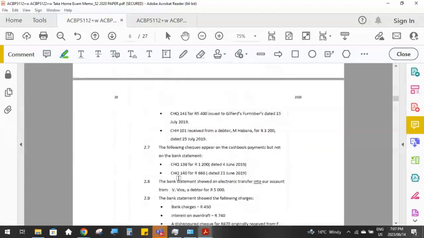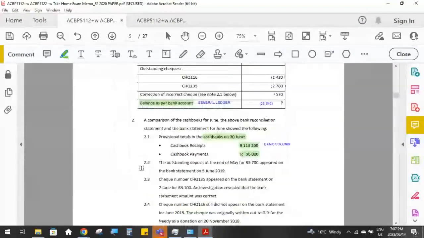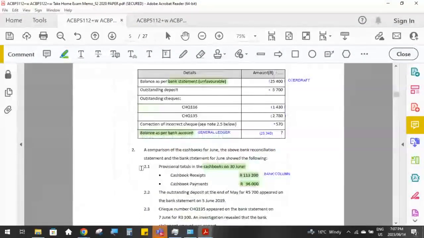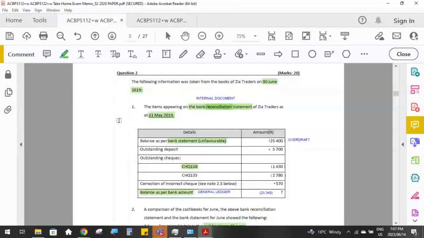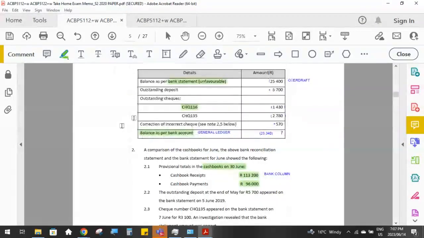Where is this 1430? Okay, here, this is the 1430. This is the amount that we're looking for, 1430. Where's the information about that? Sorry, let me just find it here quickly.